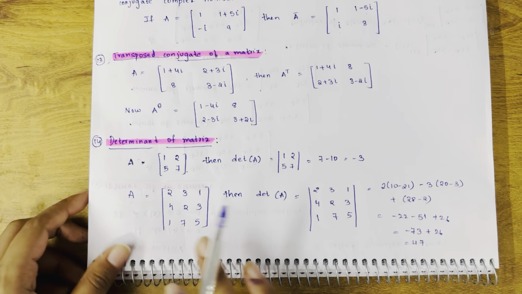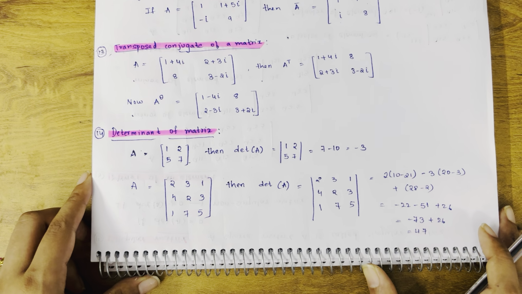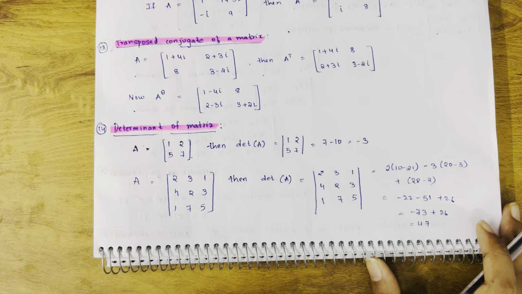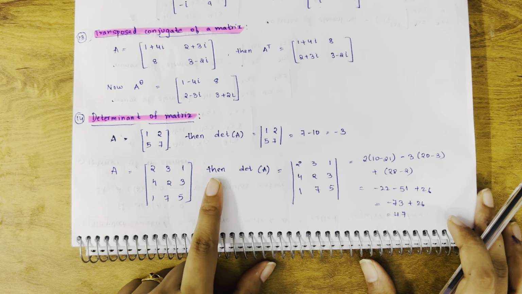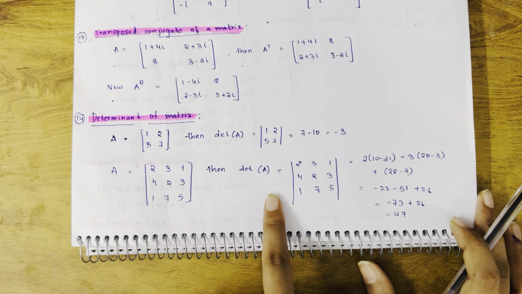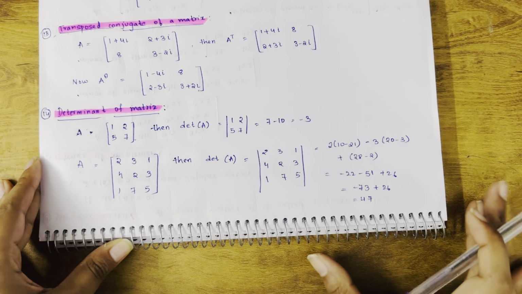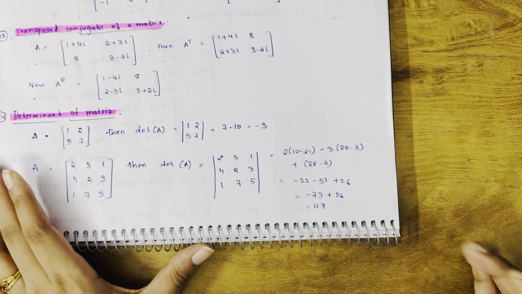Let's check for 3 by 3. How will we do it? Det A, modulus of, we write all the values. Focus on this part, it is important.